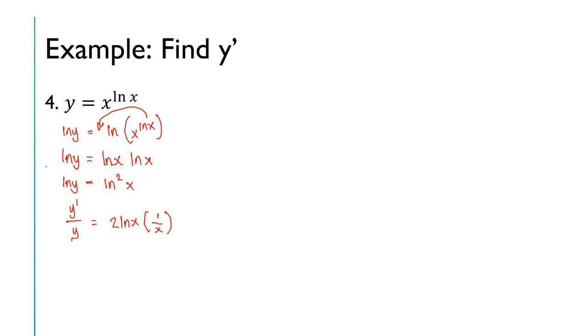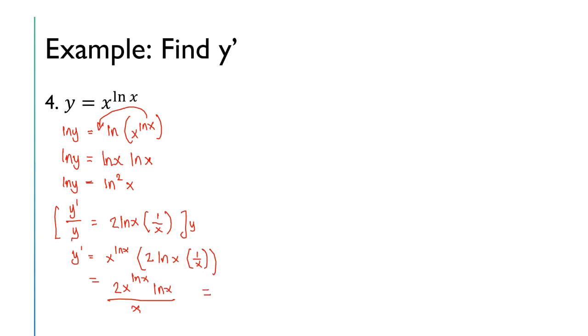Afterwards, simplifying this by multiplying both sides by y, we have y prime is equivalent to x raised to ln x times 2 ln x times 1 over x. Afterwards, we can simplify by multiplying this. We have 2 x raised to ln x times ln x over our x here. And then we can still simplify this further.